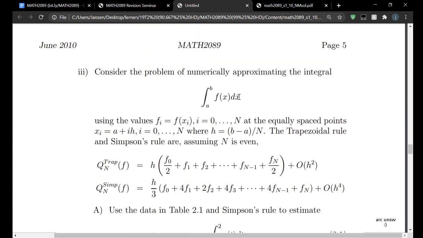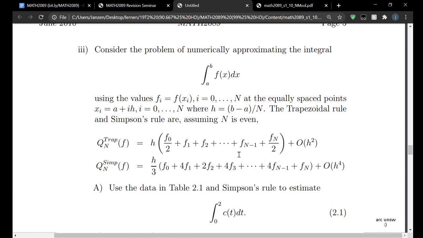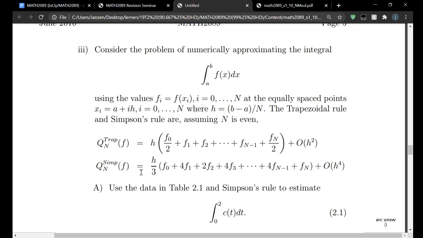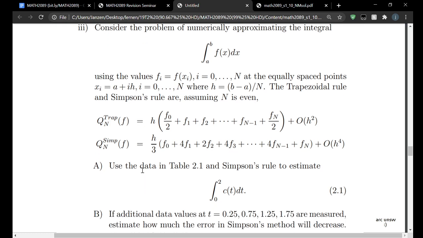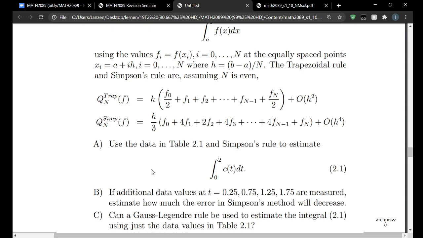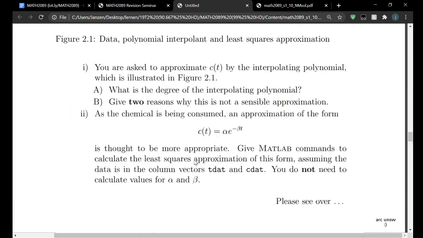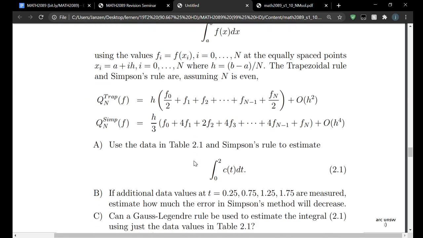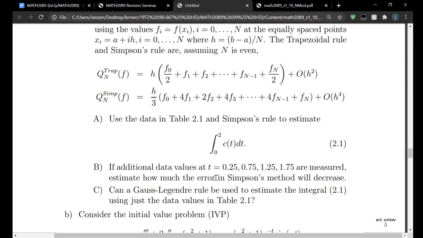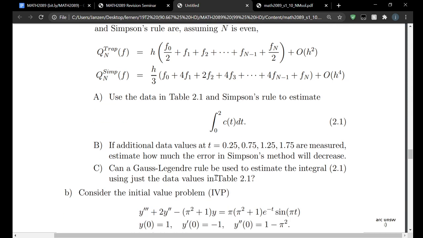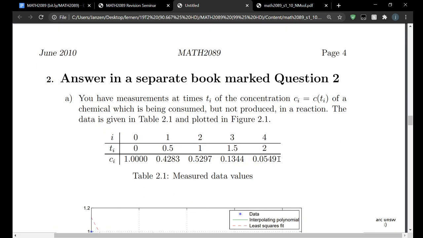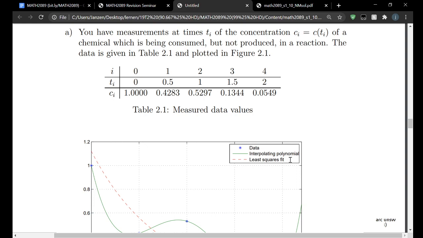Approximating the integral. These are the formulas for Simpson's rule and the trapezoidal rule. Use the table in 2.1 to estimate this. Basically we're just using these values here to approximate the area underneath the curve.